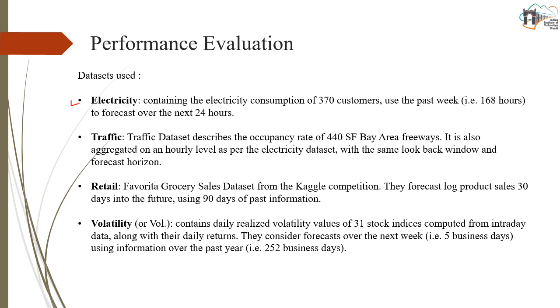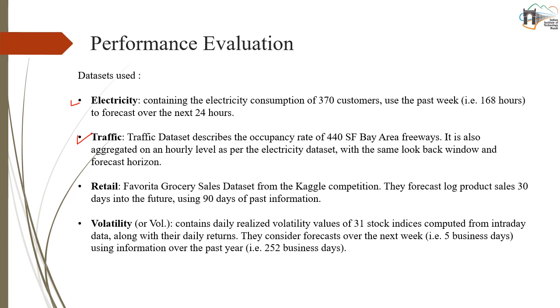The second data set was a traffic data set, which tells us about the occupancy of a road in the US, and it also aggregates at an hourly level as per the electricity data set, with the same lookback window and forecast horizon. So these were the first two data sets.